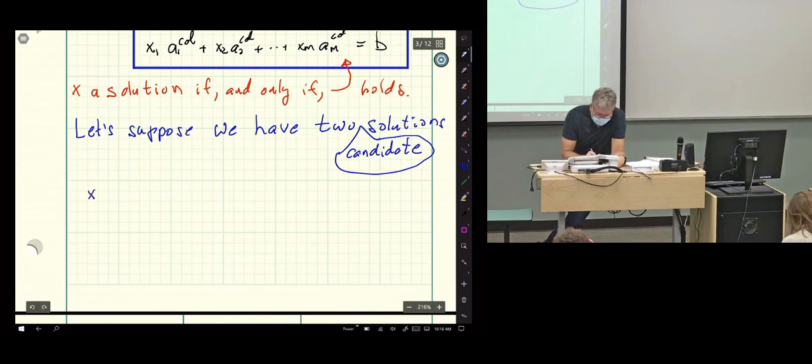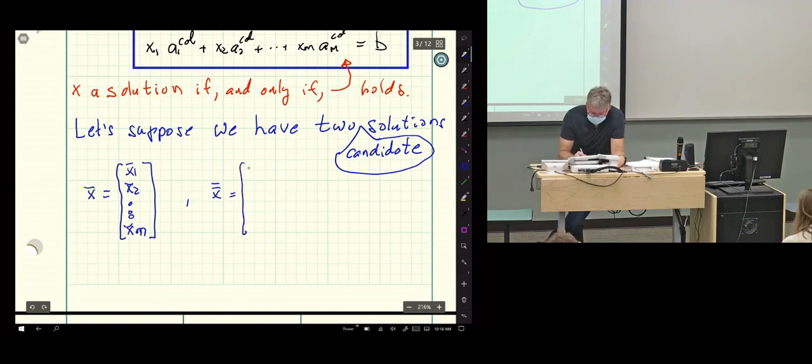We'll call one X bar with components X bar 1, X bar 2, X bar M, and then the dreaded X double bar.